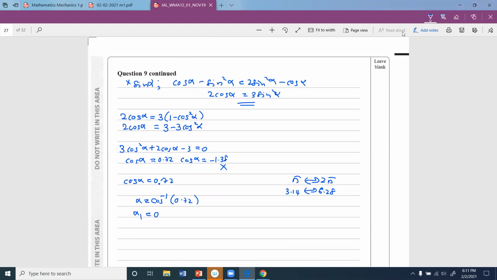Alpha 1 is 0.766. This is not in the range. Then how to get the next angle? 2 pi minus alpha. 5.516. 5.516, that is the answer which is in this range. This is not the answer, right? That's a way of getting this.